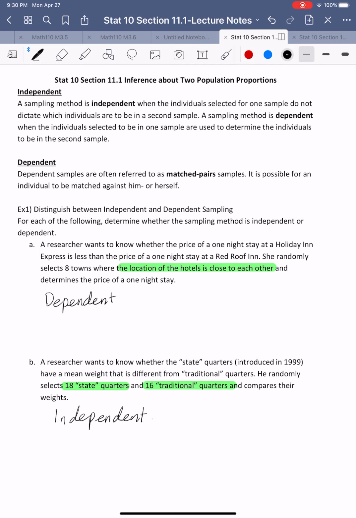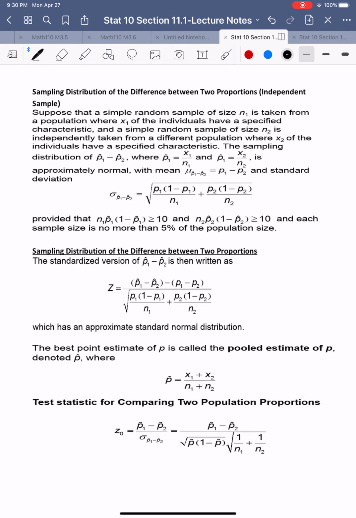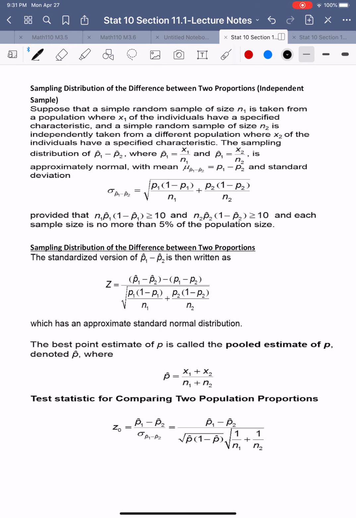All right, the next page: the sampling distribution of the difference between two proportions, independent samples. Suppose a simple random sample of size n1 is taken from a population where x1 of the individuals have a specified characteristic, and a simple random sample of size n2 is independently taken from a different population where x2 of the individuals have a specified characteristic.